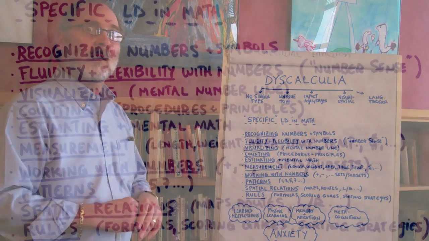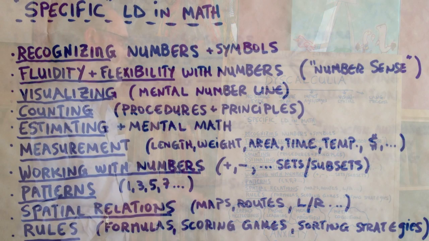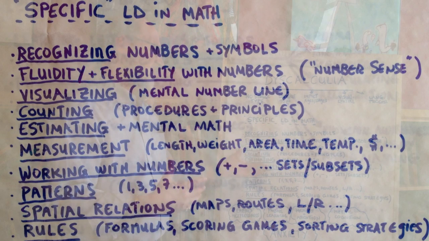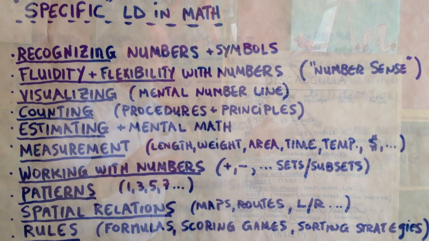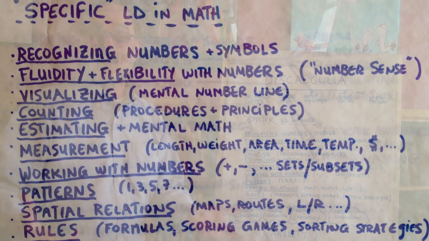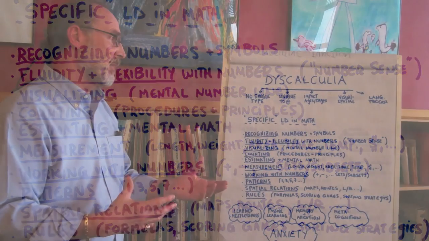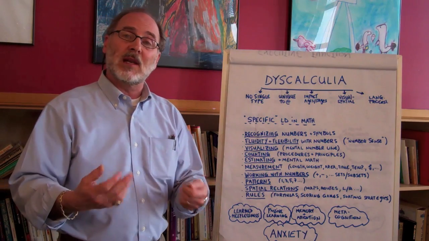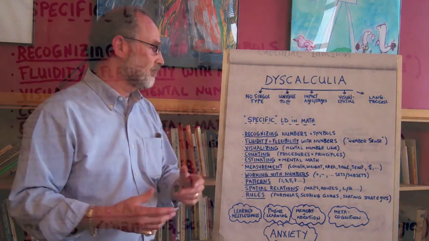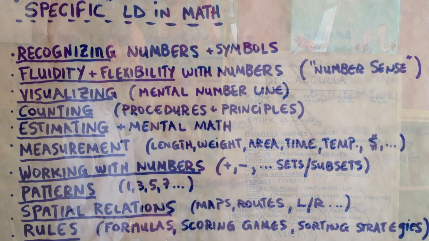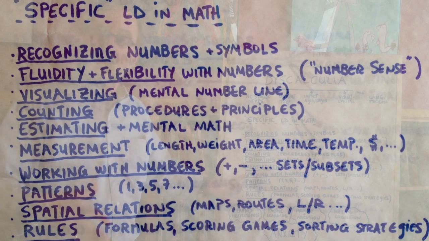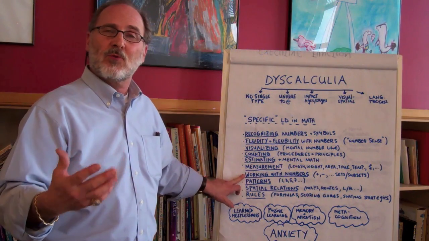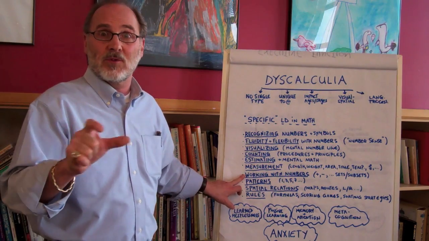Measurement is something that becomes difficult over time, not just measurement in terms of length, the size of something, but also weight, looking at area, approximating and measuring time, measuring temperature, and then certainly as they get older, being able to manipulate and measure using money. Working with numbers is often very difficult as students move into the early grades, not just adding and subtracting, but understanding how sets of numbers work.